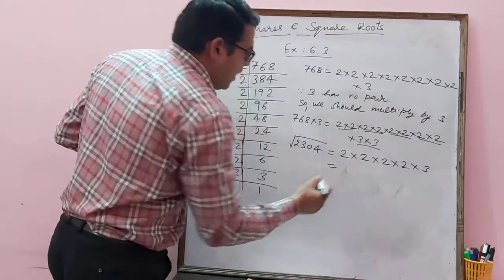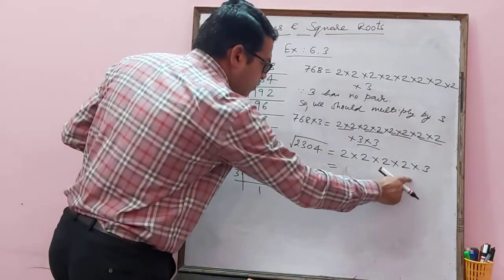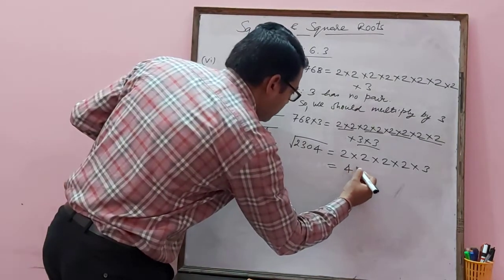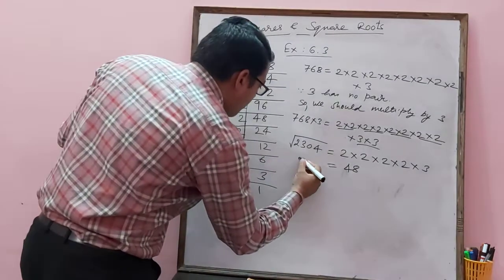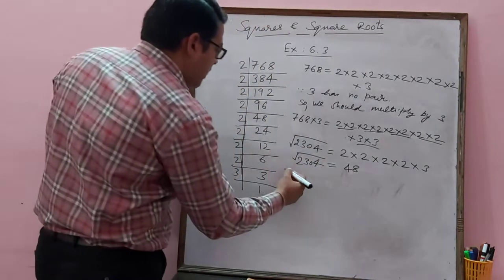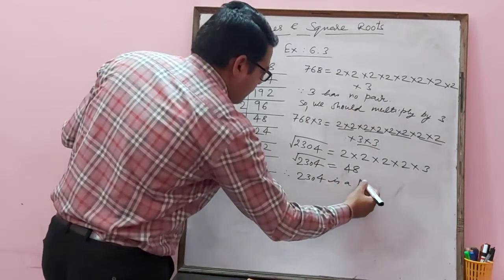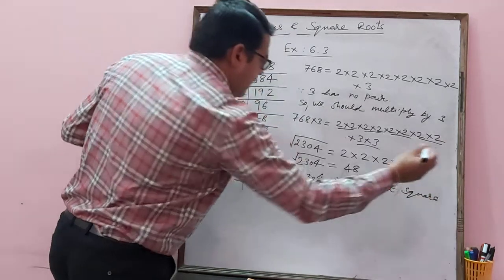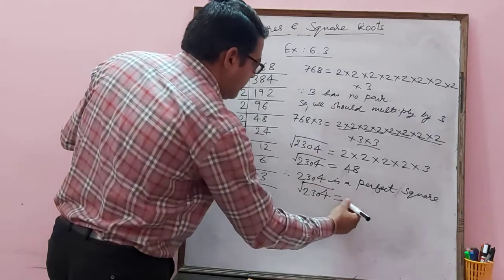Now we have to multiply all these together. 2 twos are 4, 4 twos are 8, 8 twos are 16, and 16 threes are 48. Right? So the square root of 2304 is 48. Therefore 2304 is a perfect square, and the square root of 2304 is 48.